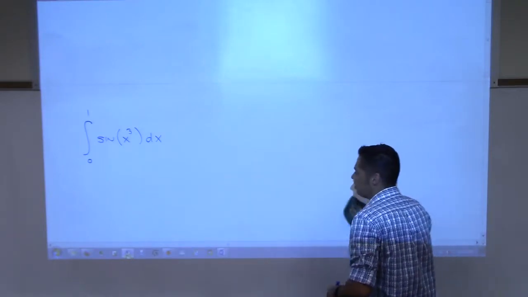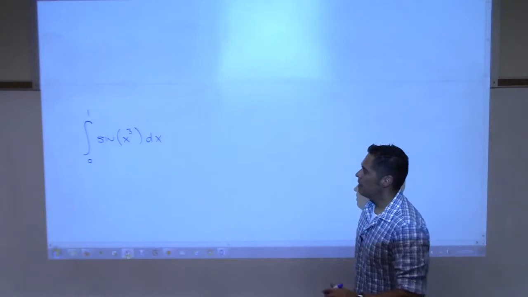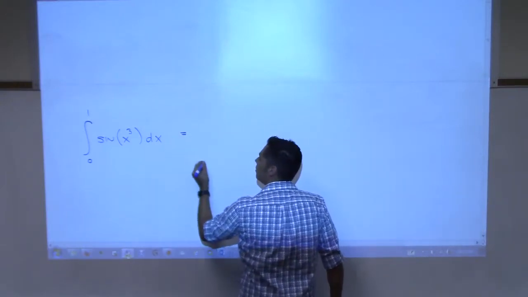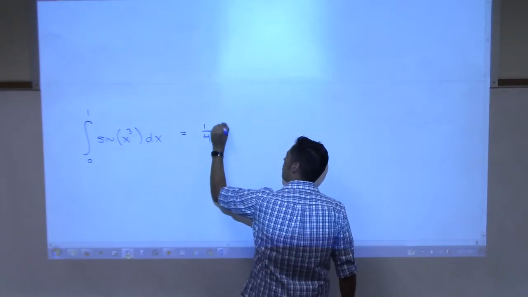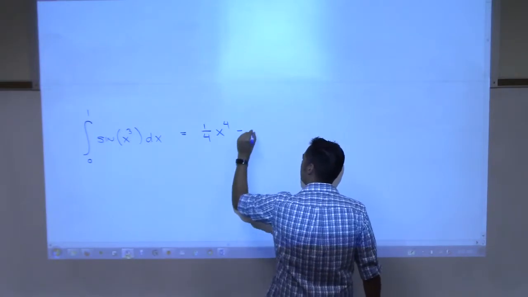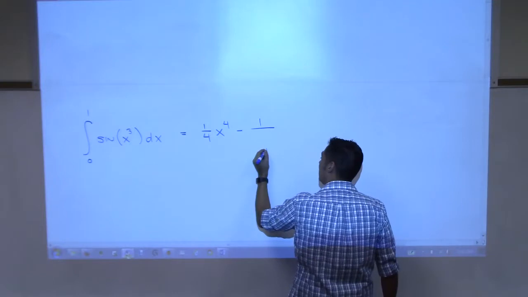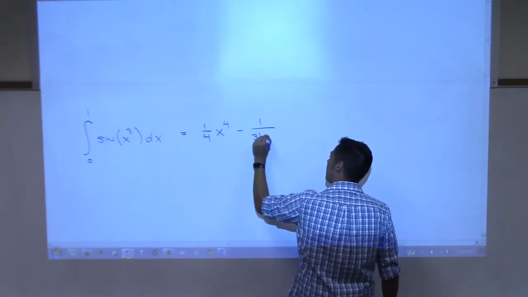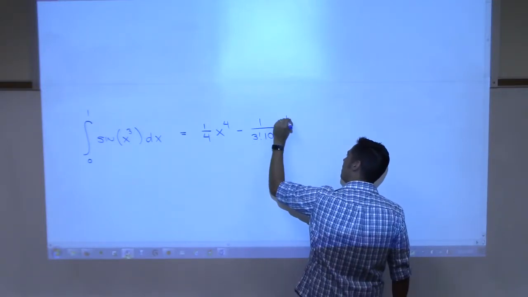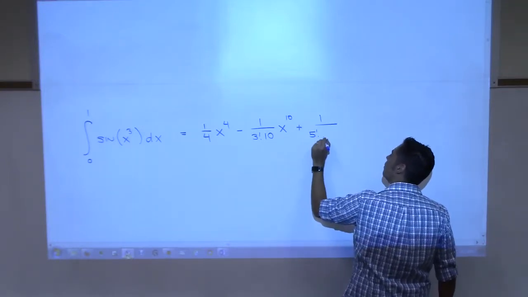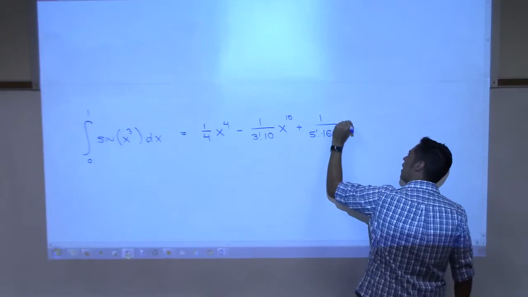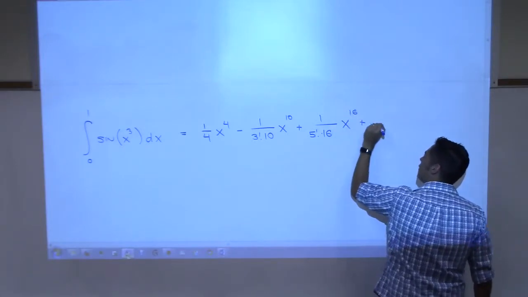Then all you have to do to figure this out is take the antiderivative of this. Help me out here. I believe it was 1/4 x to the 4th minus 3 factorial times 10 x to the 10th plus 1 over 5 factorial 16 x to the 16th plus dot, dot, dot, right?